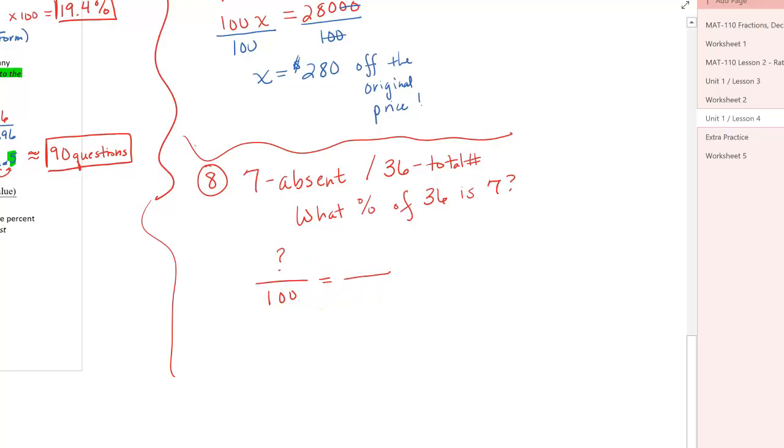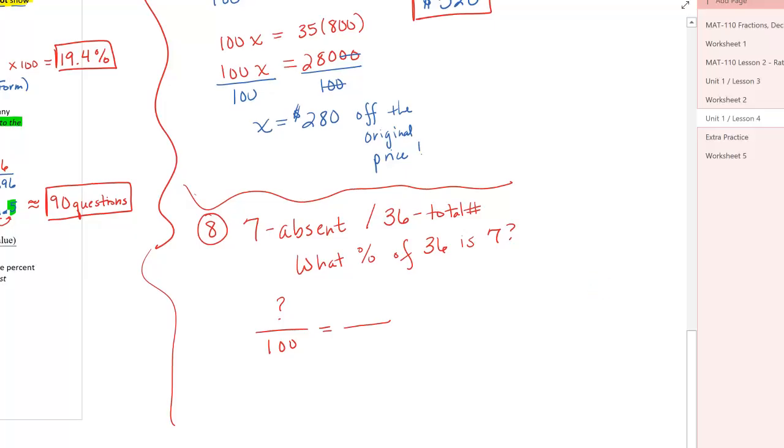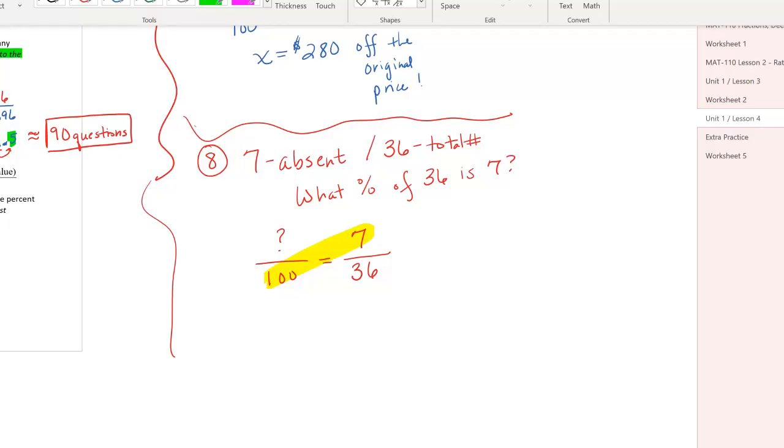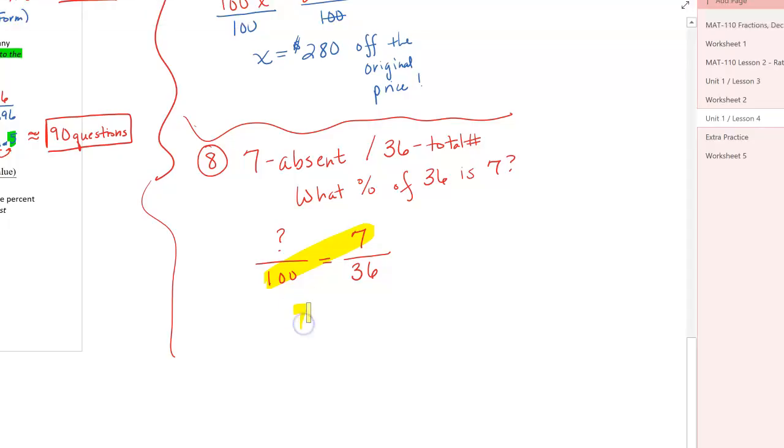Now it's very important that you get the right number on top and the right number on bottom. So remember, the amount is the part and the base is the whole. So 7, the part of the whole, were absent.